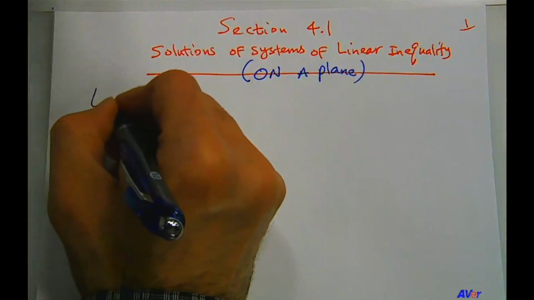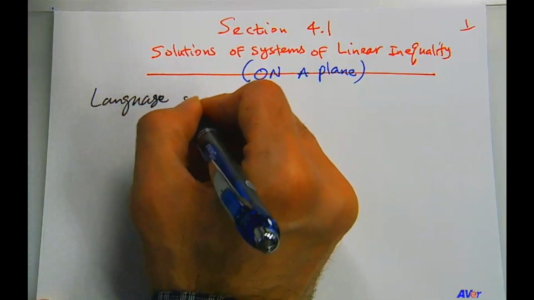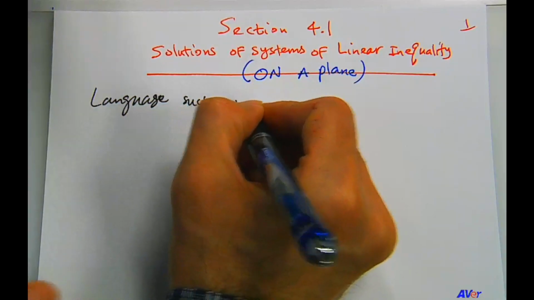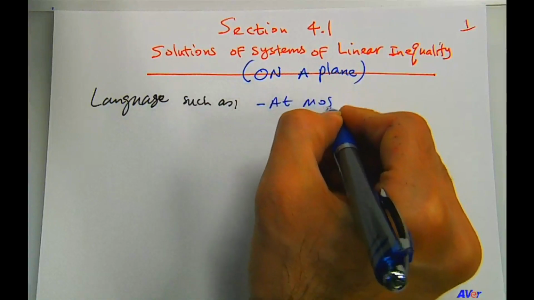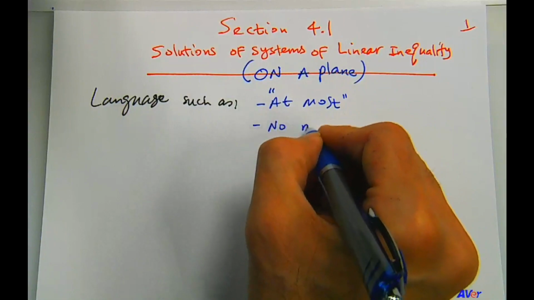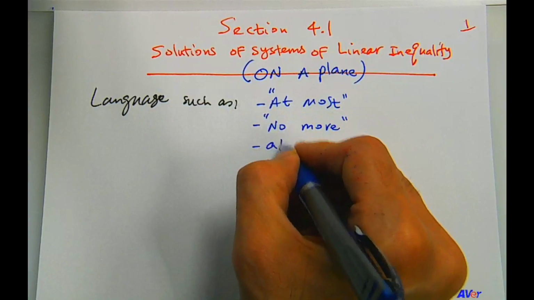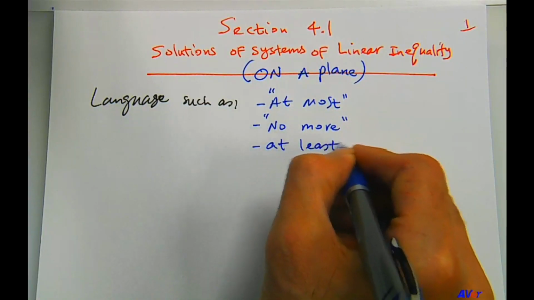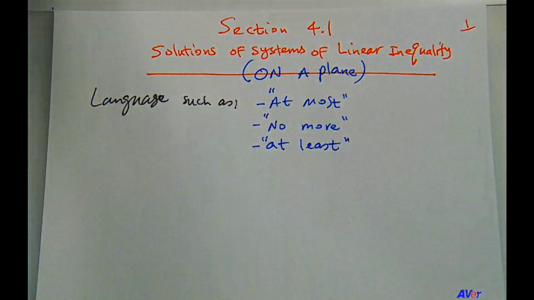And that would be language such as at most, no more, and at least, and so on. So this kind of language suggests not an equality, but an inequality.